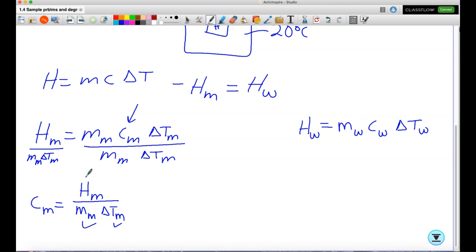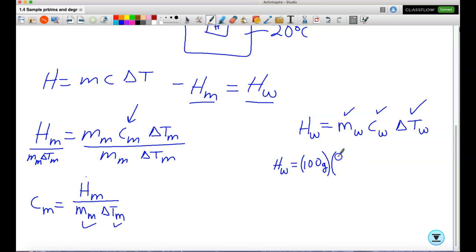Remember, that's where we're going to use the water, because the heat that comes out of the metal goes into the water. I know the mass of the water, I can look up the specific heat of water, and I can calculate the temperature difference. So let's figure out the heat that goes into the water. The mass of the water was 100 grams.